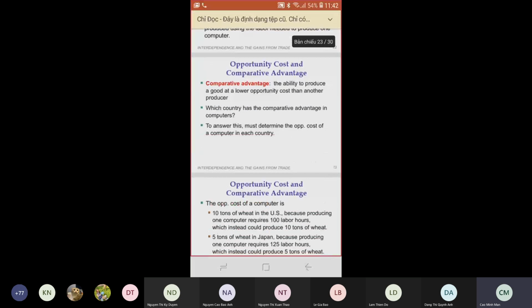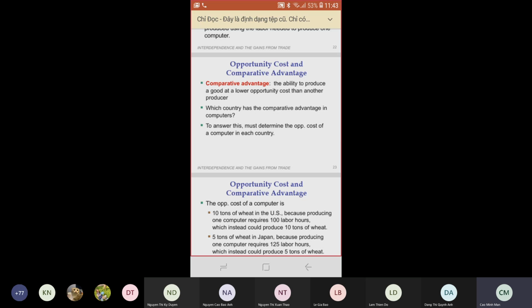I just asked you questions in order to figure out comparative advantage. This is the definition of comparative advantage: we base it on the opportunity cost. The reason why in our sample I asked you to figure out the opportunity cost first. You still remember 10, 1 divided by 10, and 5, 1 divided by 5.